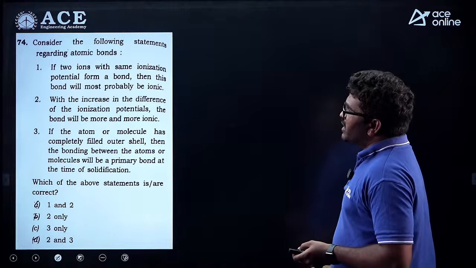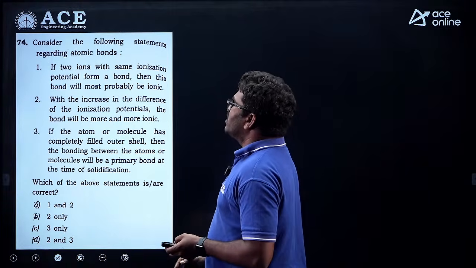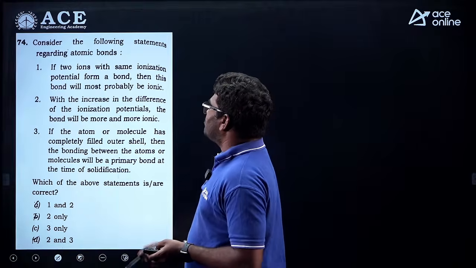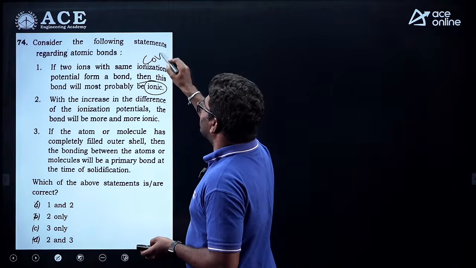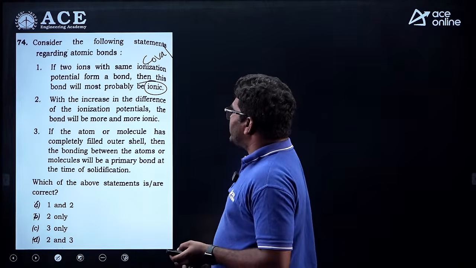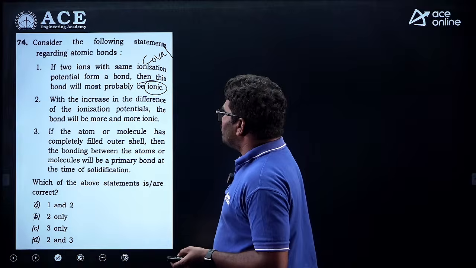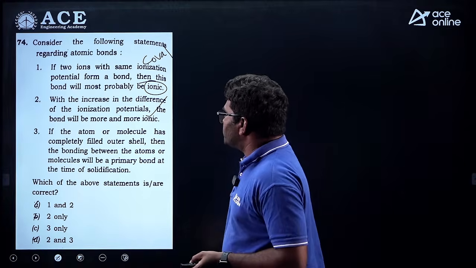Now here is a question related to atomic bonding. If 2 ions with the same ionization potential form a bond, then this bond is most probably ionic is given, but it is not ionic, it is actually covalent. Next, with increasing difference of the ionization potential, the bond will be more ionic. Yes, it is correct. So the first statement is wrong, the second statement is correct.